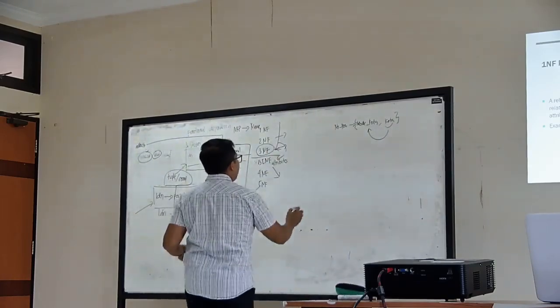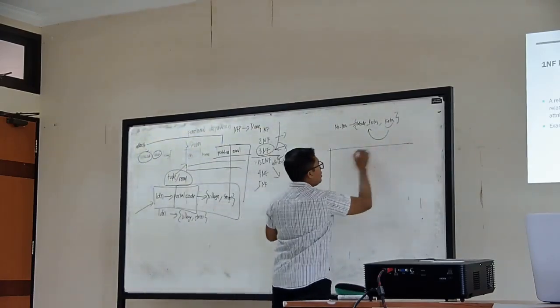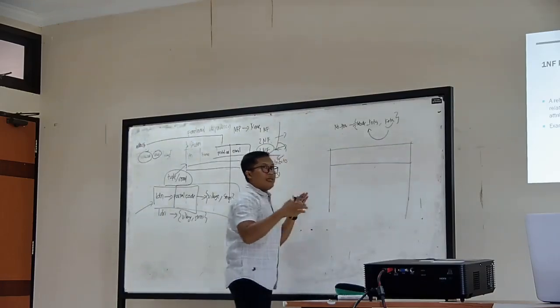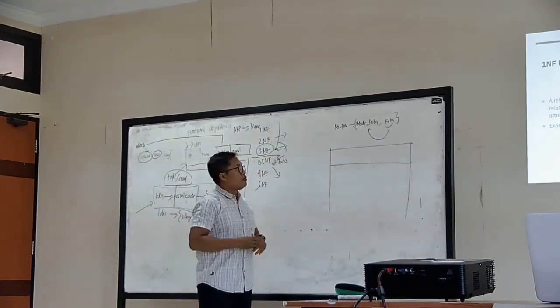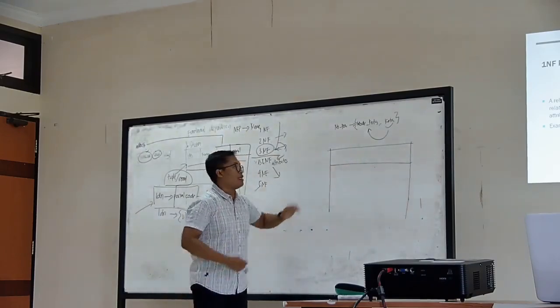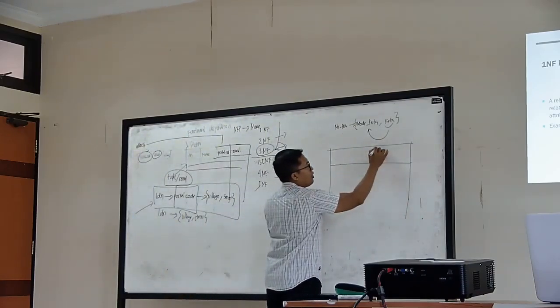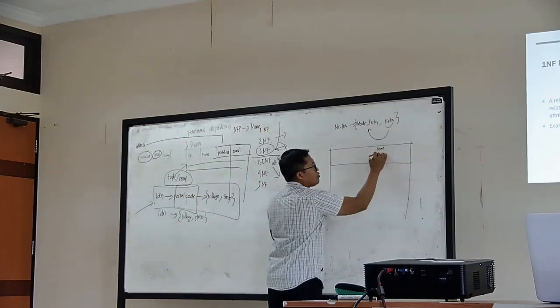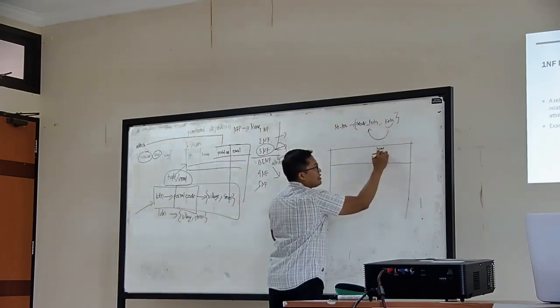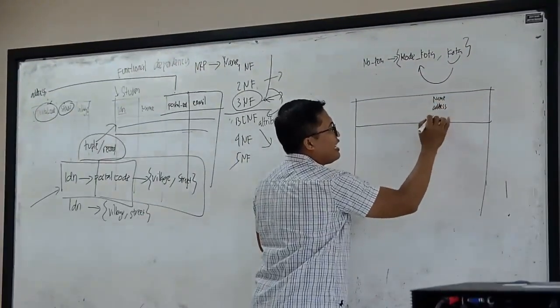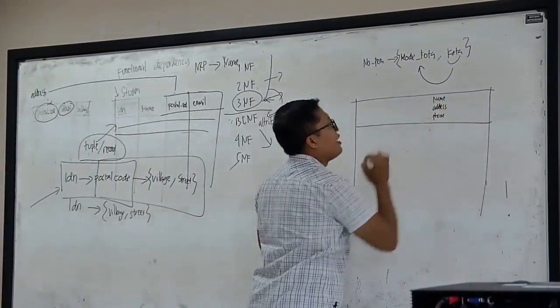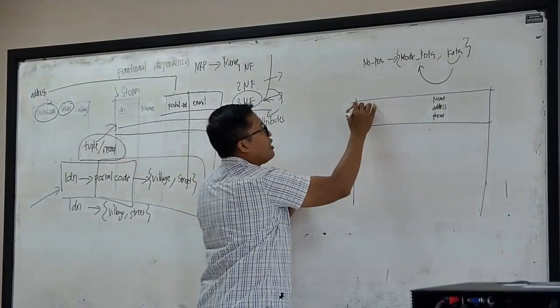If we have one invoice, the fields may become complicated, because we have the name, address, phone number, and invoice ID.